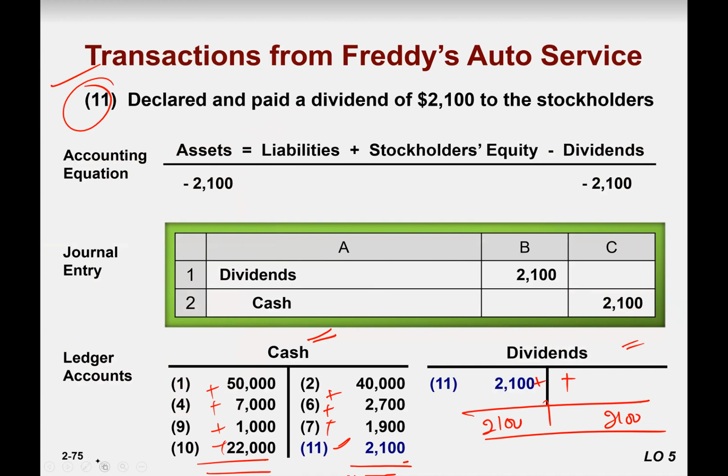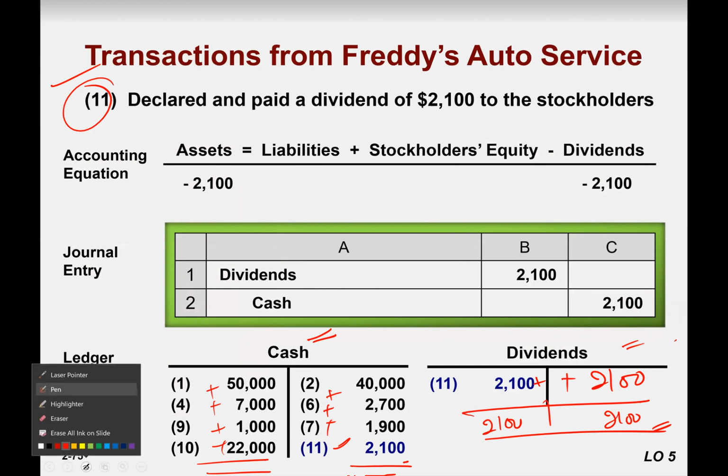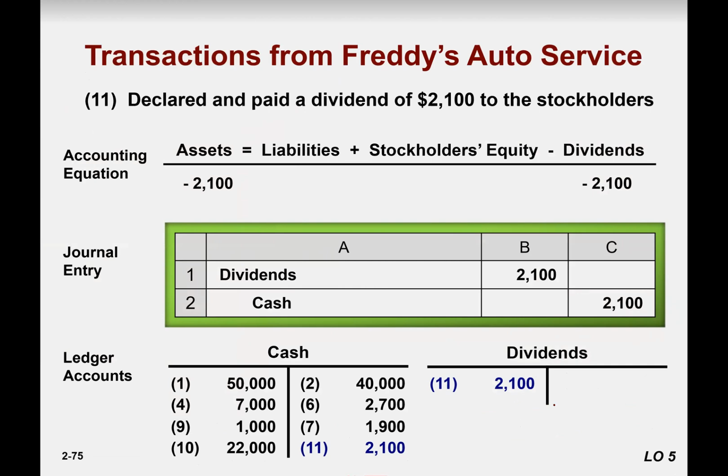Where we write down the balance, in theory, or if you see the equation, we should write down 2100 here so that this equation is balanced. But in accounting, how are we going to write it down here? If we write the 2100 here, this would be balanced.